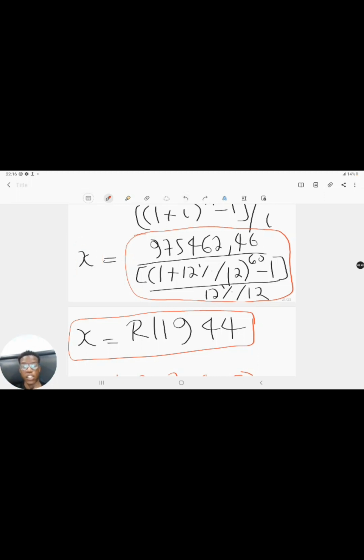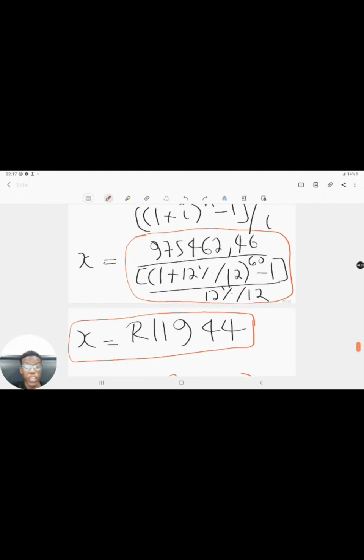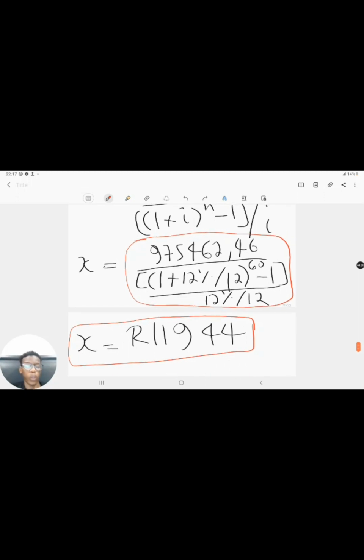Now, in this case, you're going to have to amend this equation so that you can adjust your monthly installments. Now you should know the kinds of answers you should expect in the end. Your monthly installment should be higher, right?